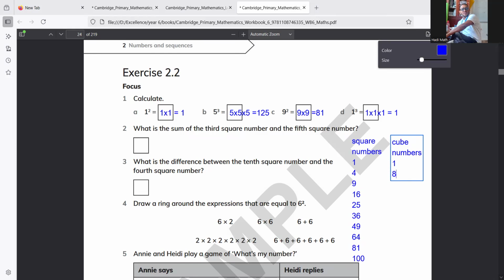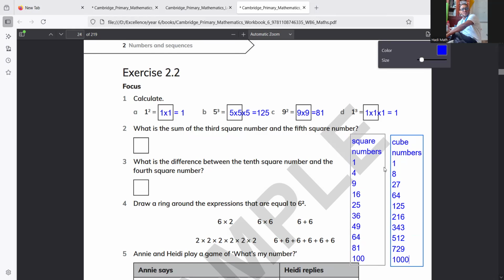It is 2 multiply 2 multiply 2. Then 3 multiply 3 multiply 3 is 27. This is the third one. 4 multiply 4 multiply 4 is 64. 5 multiply 5 multiply 5 is 125. 6 multiply 6 multiply 6 is 216. 7 multiply 7 multiply 7 is 343. 8 multiply 8 multiply 8 is 512. 9 multiply 9 multiply 9 is 729. And 10 multiply 10 multiply 10 is 1,000.